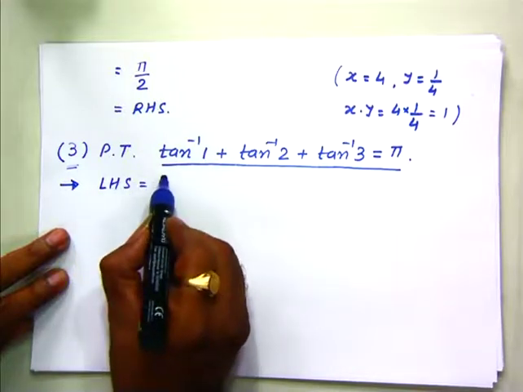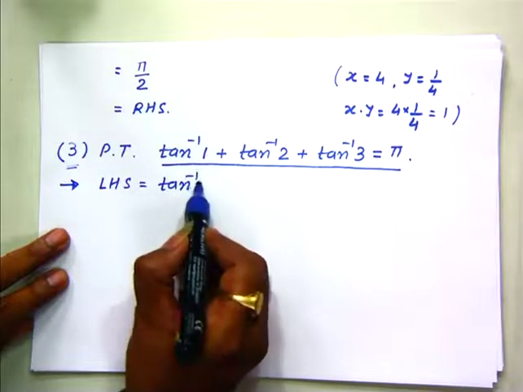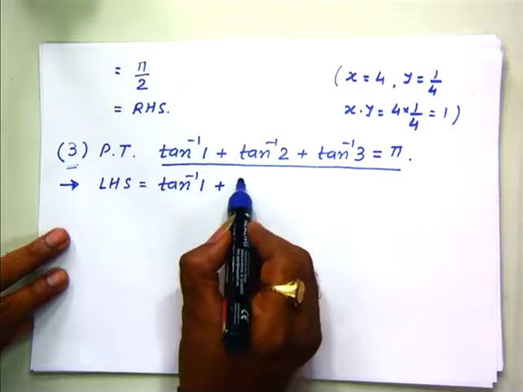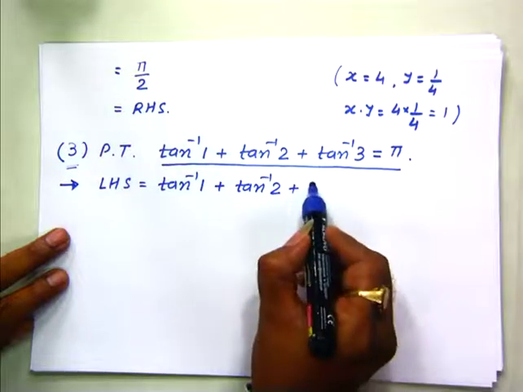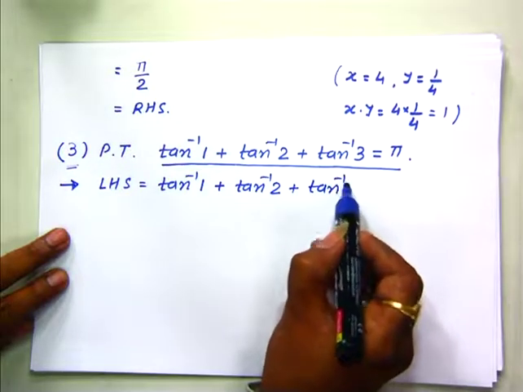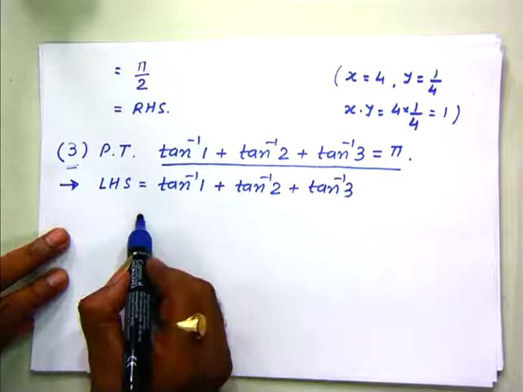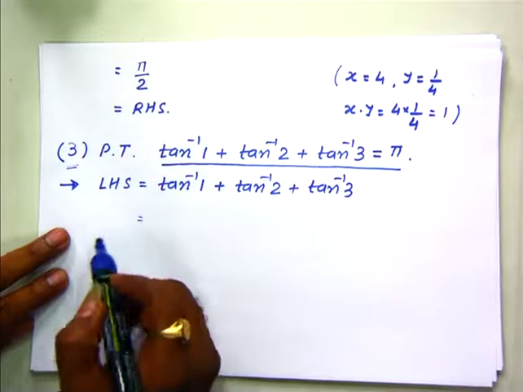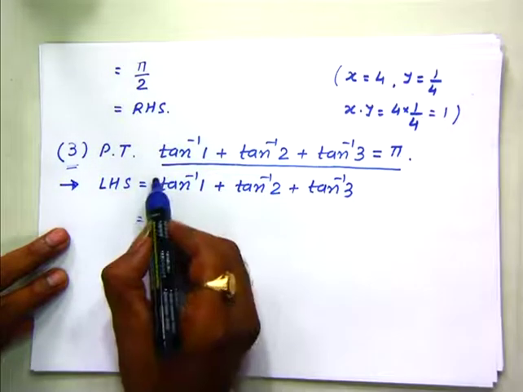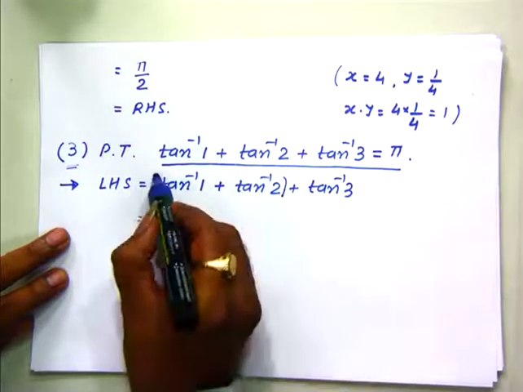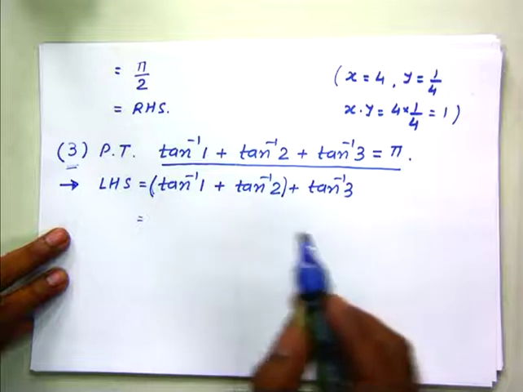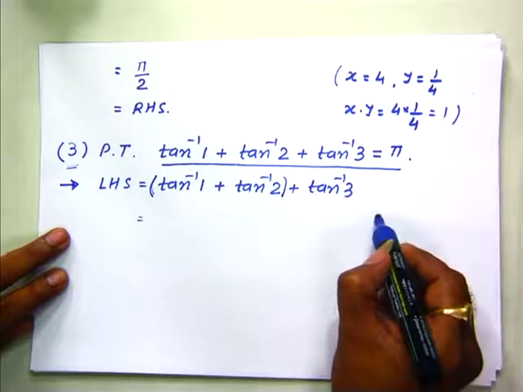LHS equal to tan inverse 1 plus tan inverse 2 plus tan inverse 3. Here also we have 3 terms, so first of all we will add these first 2 terms. Again we have to check the condition.